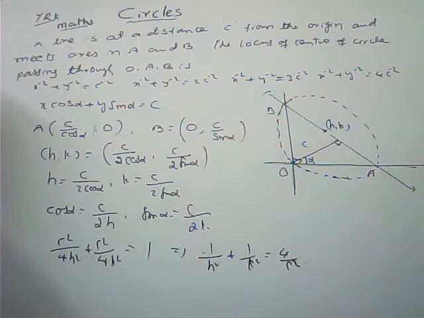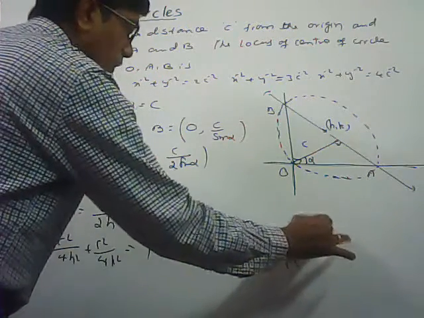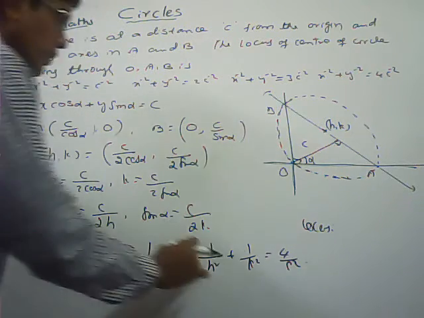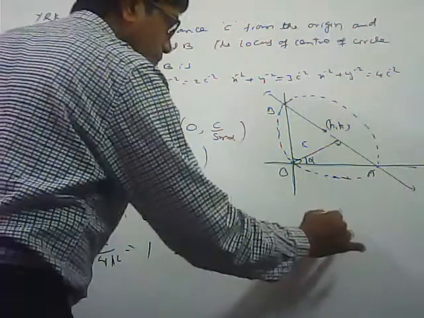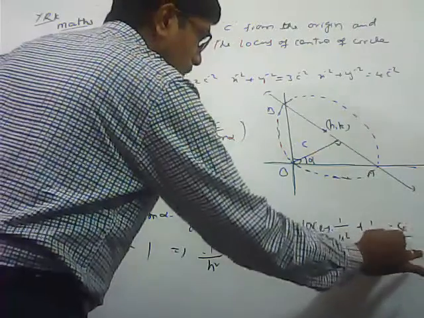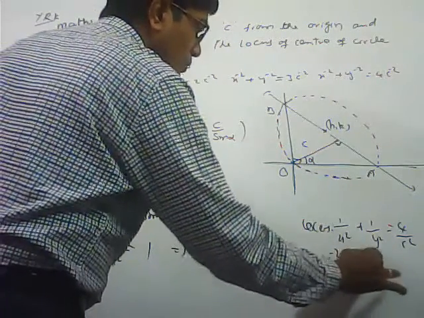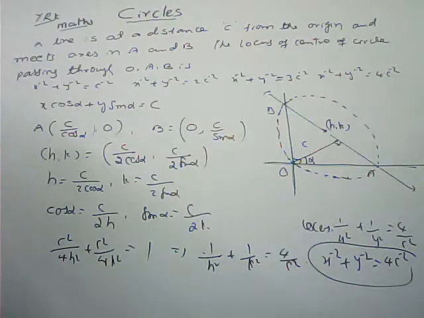Now, the locus of the point h comma k I have taken, but you can take any point. After getting the result, in place of h comma k you can put x comma y. 1 by x square plus 1 by y square is equal to 4 by c square. So x power minus 2 plus y power minus 2 is equal to 4 into c power minus 2, that is the fourth option.